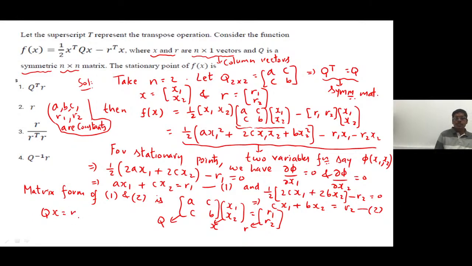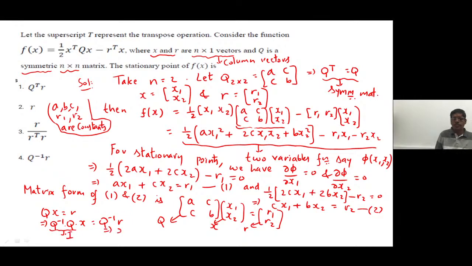They are asking for the stationary point, which means we have to find the x value. x means it is two variables, x1, x2. So pre-multiply both sides by Q inverse. Q inverse into Q into x is equal to Q inverse into r. So this is the identity matrix. Q inverse into I into x means x.